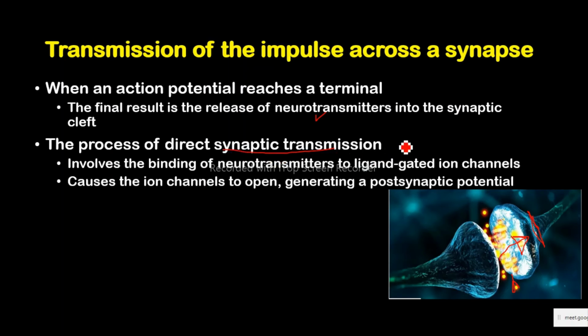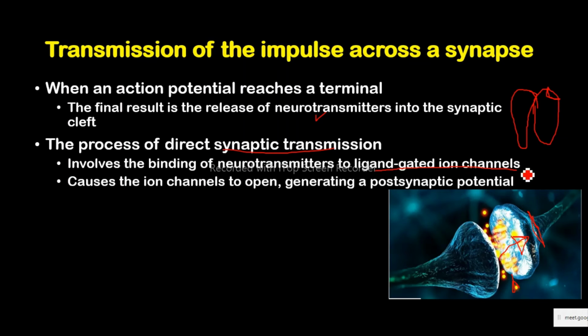But in direct synaptic transmission, the neurotransmitter substance binds to the ligand gated channels. I hope you saw them above, that protein molecule that has the power to allow the ions, the sodium ions and the potassium ions through. It has a gate, but it has some receptor site somewhere.